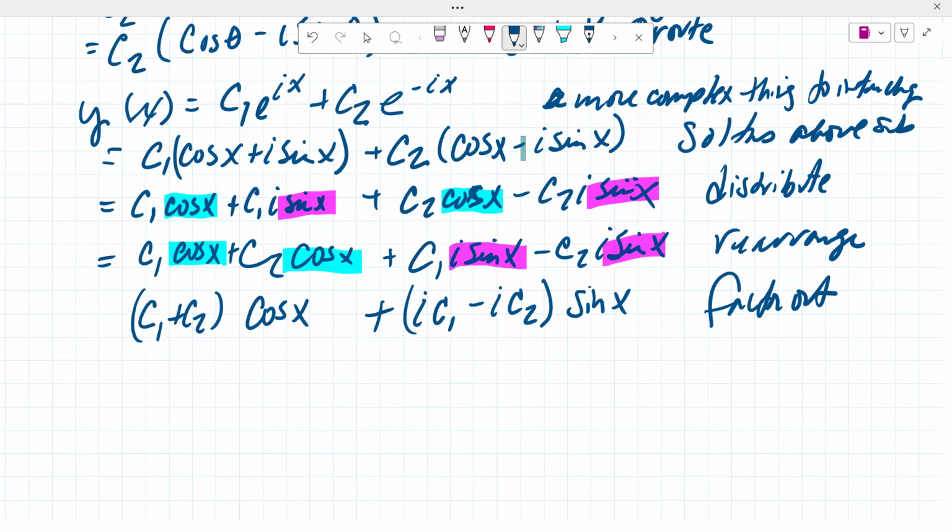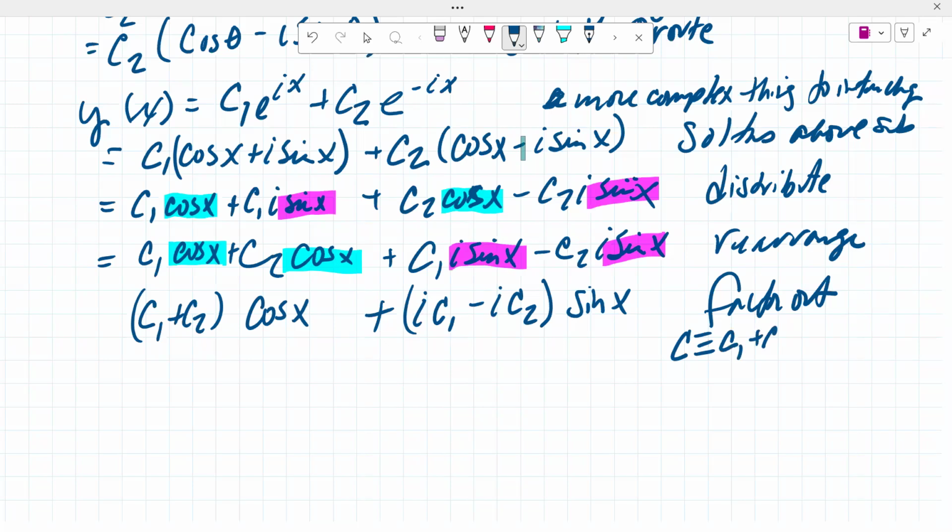Now we're going to play the same game that we've done before, and that is that you have some constants and you add them together, why keep them all separate? I mean, a constant's a constant. So what you could do is define a new constant as some combination of the old ones.